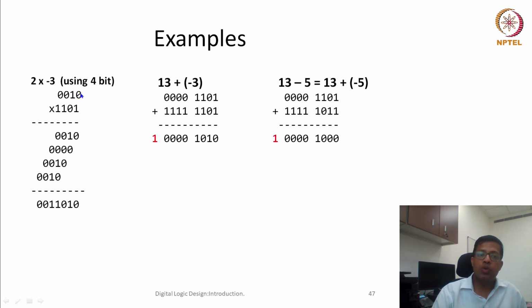Because my input was 4-bit, my output I have to consider only 4 bits. So the output is going to be 1 0 1 0. If I translate this 1 0 1 0, it is going to be -6 in 2's complement notation.